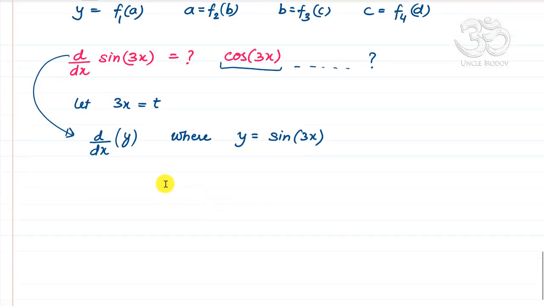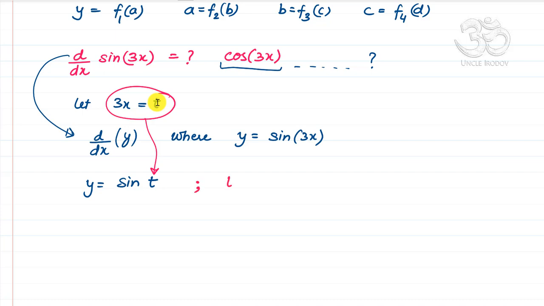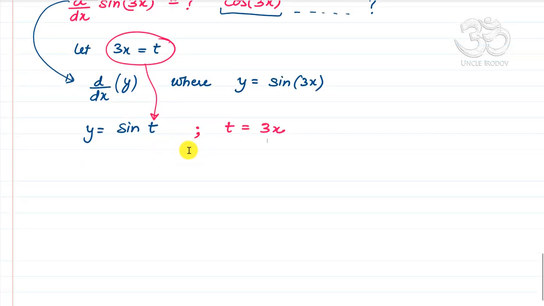Right, and I have labeled 3x as t. So now y becomes sine of t, because t and 3x are the same things. And I know that t is equal to 3x. This is the format that I have just now described to you for chain rule, when y is a function of t and t is a function of x.